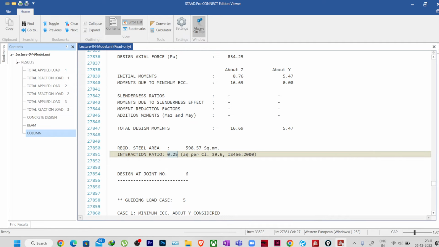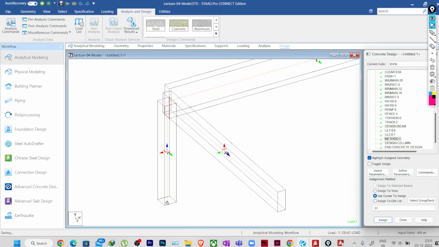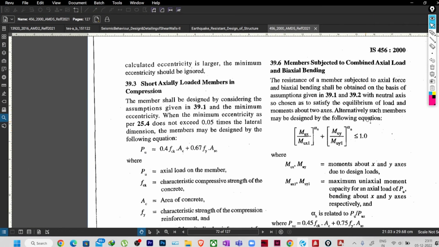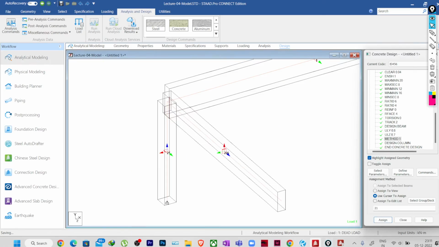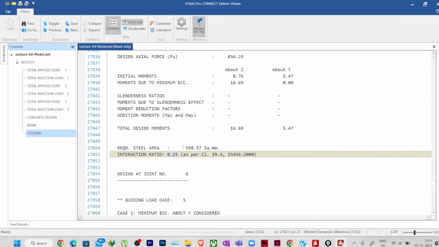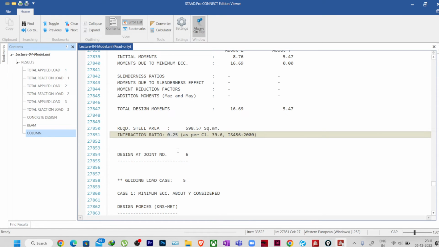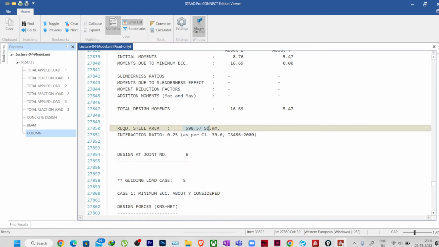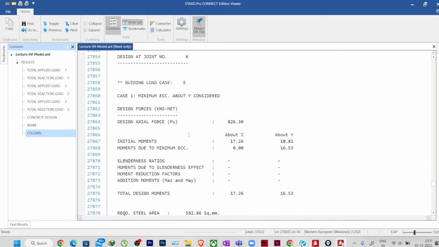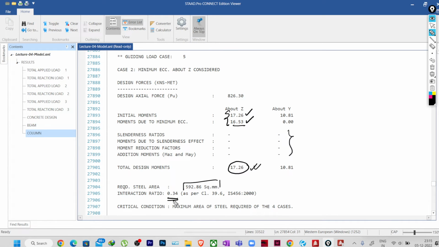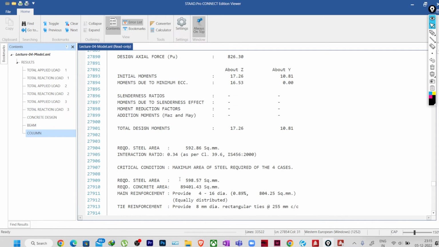As per clause 39.6, this is what 39.6 is telling us. This interaction is calculated, and here STAAD gives us the interaction ratio. The steel required is 598.57 square mm based on this interaction. It is very high, or the section is very high, which is not required actually. So we can work this out later.